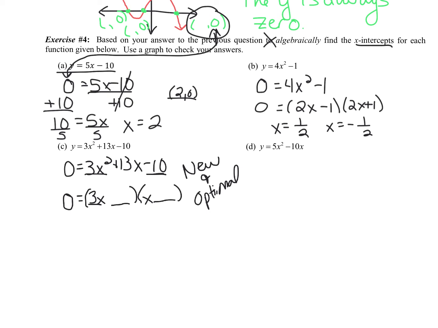So thinking about my different options, if I try a 5 here and a +2 here, those two multiply to -10. And if I did those two distributions, I get -15x plus 2x. So that's actually wrong.